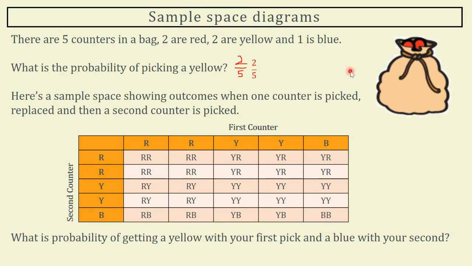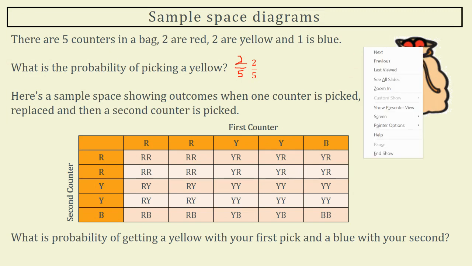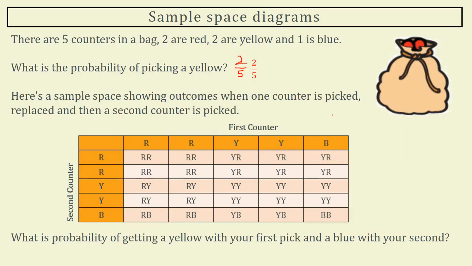So what's the probability of getting a yellow with your first pick and a blue with your second pick? All right, so let's bring my pen up here. So we want yellow with the first pick and blue with the second. So we're going to have a look at where that happens. Well, I can see one here. Yellow with my first pick, blue with my second.